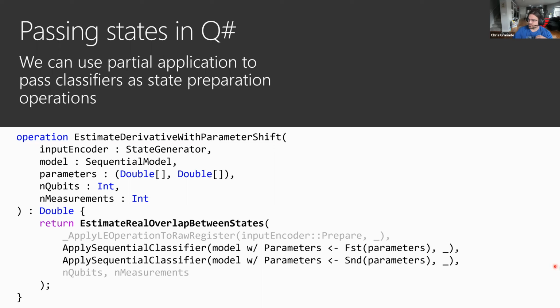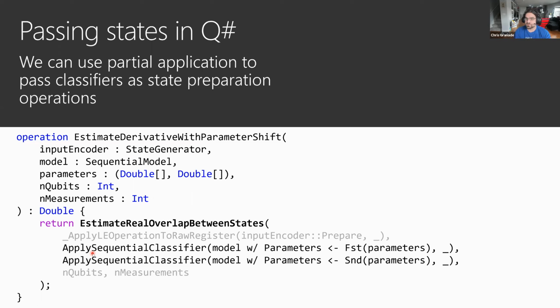So here, for instance, is a snippet, and this is straight out of the QML library, where in order to evaluate the derivative at a certain point for a certain parameter, we'll use the Hadamard test provided by the Q# standard libraries as EstimateRealOverlapBetweenStates. And there the states that you want to do a Hadamard test between are represented by two different operations that prepare copies of those states.